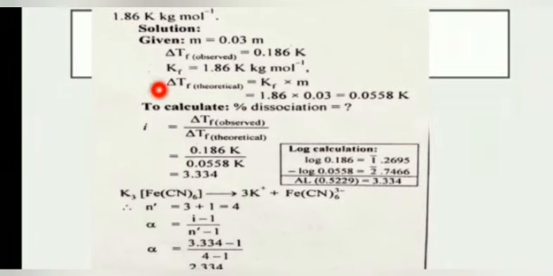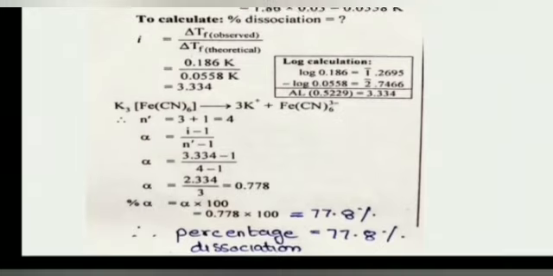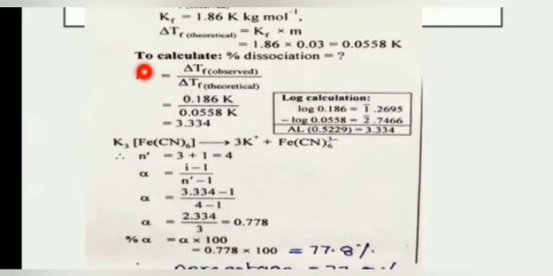Delta Tf observed is given. We have to calculate the delta Tf theoretical, and using this we have to calculate the Van't-Hoff factor i. Because if you want to calculate the percentage dissociation, first you have to know the Van't-Hoff factor i. So by putting the values, i equals delta Tf observed upon delta Tf theoretical, you will get 3.334.